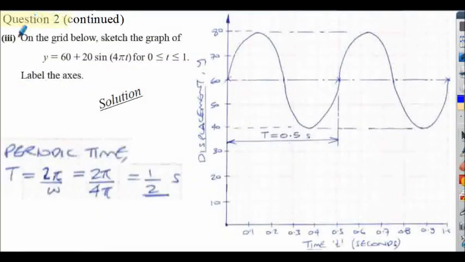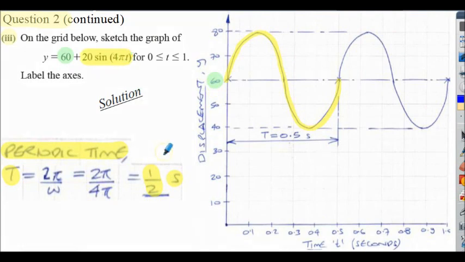So question 2, part 3 here. Noting the periodic time from the previous slide is a half second, we have one full oscillation in the 0.5 seconds shown here. The oscillation occurs about the displacement of 60 millimeters. So effectively the 60 is the average displacement, and the waveform oscillates about this 60.